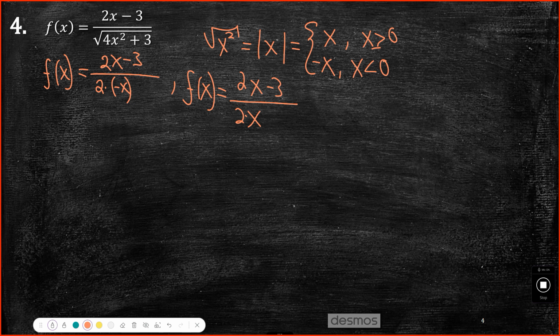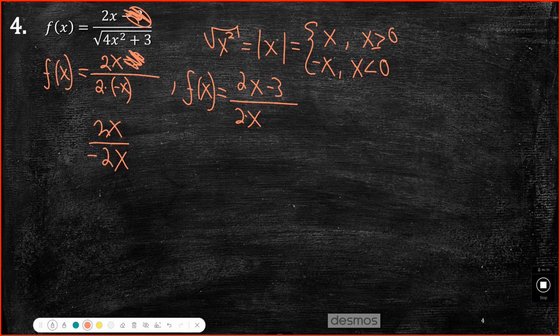See, when it goes to very big numbers, so say x is negative a billion, then it will be a negative 2 billion, and then negative 3 becomes almost insignificant. So let me erase this. So this is going to be 2x over negative 2x.